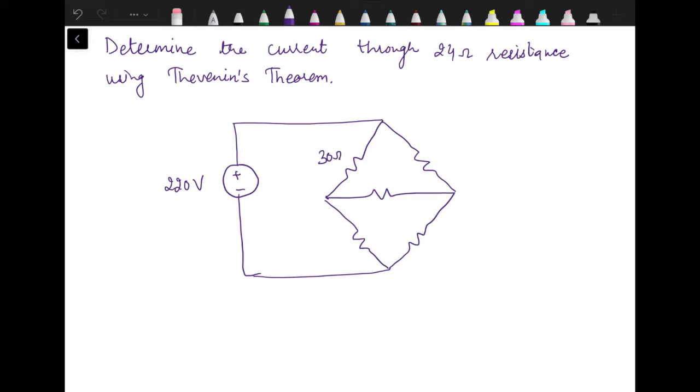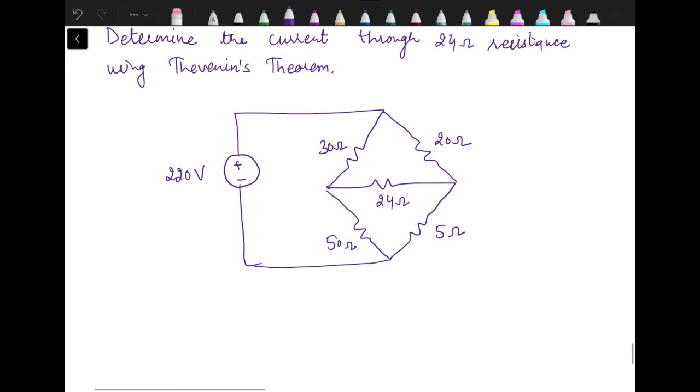This resistance is of 30 ohms, 20 ohms, 5 ohm, 50 ohm, 24 ohm. So this 24 ohm resistance is actually load resistance. Now we have to find out VTH and RTH across these two terminals.